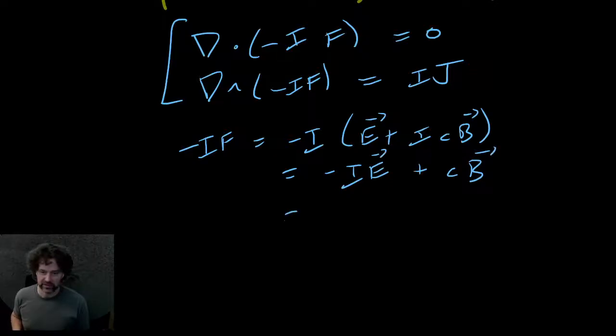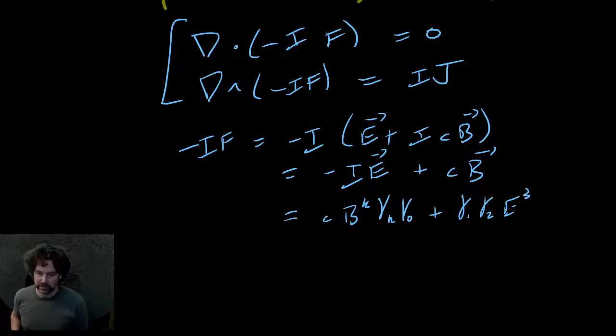And we can write this out in component form, which is going to be C B^k gamma_k gamma_0, plus gamma_1 gamma_2 E_3, plus gamma_2 gamma_3 E_1, plus gamma_3 gamma_1 E_2.